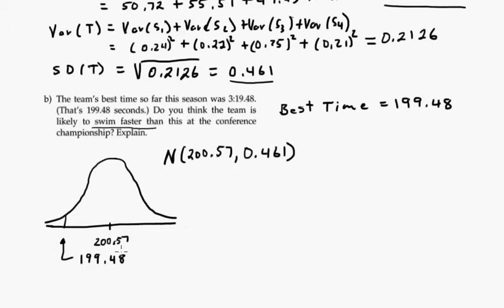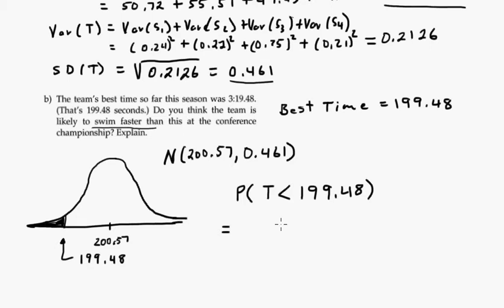I think what they're asking us is, what's the probability that their time will be faster, meaning less than the best time, 199.48? That probability is proportional to the area under the curve right here.